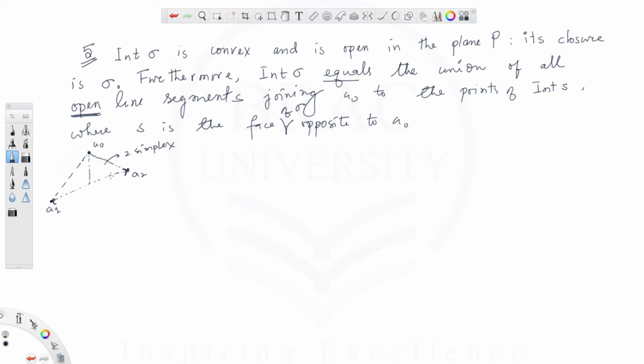The boundary of this one simplex is precisely the union of these two vertices A1 and A2. So you exclude these 2 points from the one simplex that we have drawn here, and what you get is the interior of the one simplex S, in the context of the two simplex.